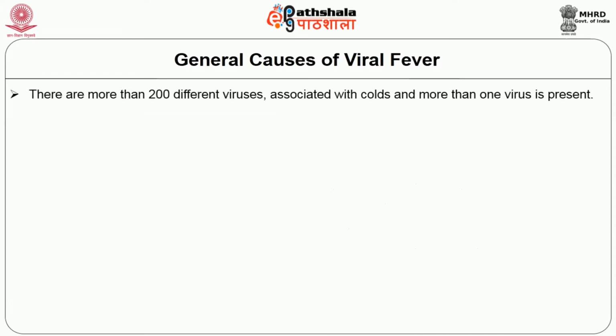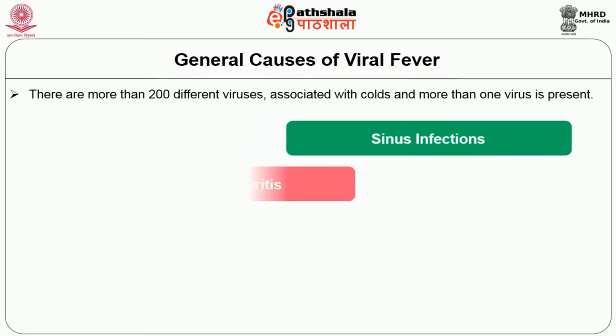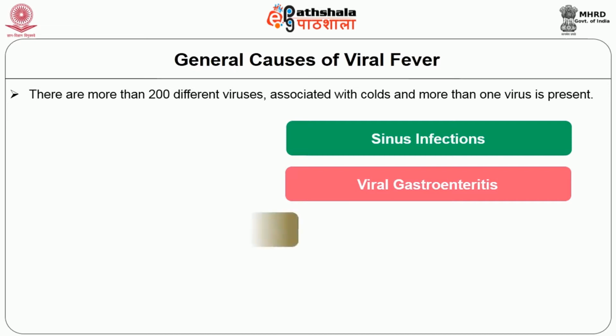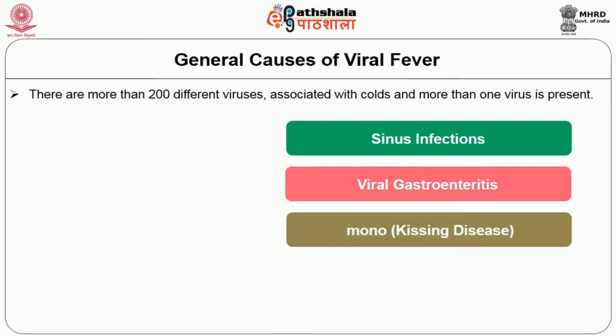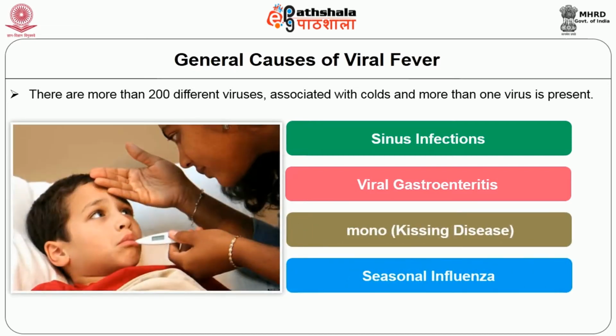There are more than 200 different types of viruses associated with cold and more than one virus is present for the infection. Some of the causes of viral fever include sinus infections, viral gastroenteritis, mono, that means kissing disease, and seasonal influenza, what we commonly call flu.